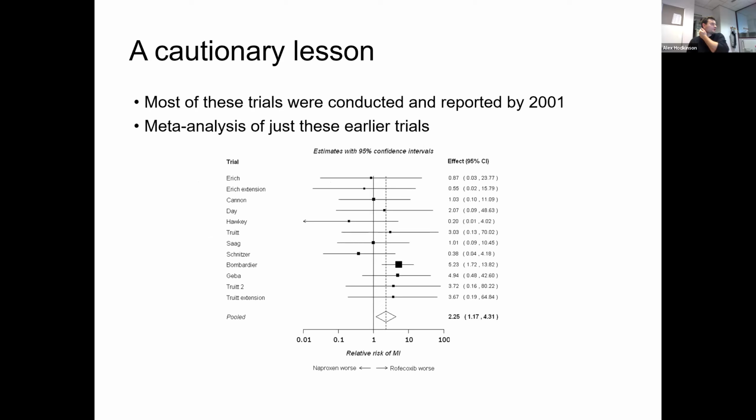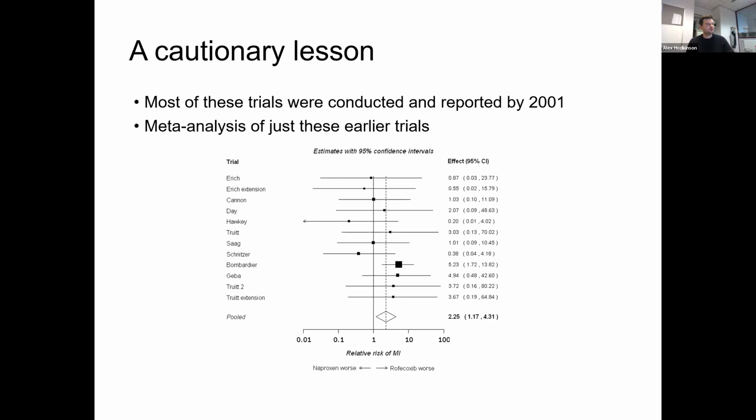Now, there is a bit of a cautionary lesson with this example. Many of the trials were actually conducted prior to 2002, and you can see these are all the studies here, about 15 trials, I think. If we had conducted the meta-analysis earlier, we can see that there's still a statistically significant increased risk of a myocardial infarction.